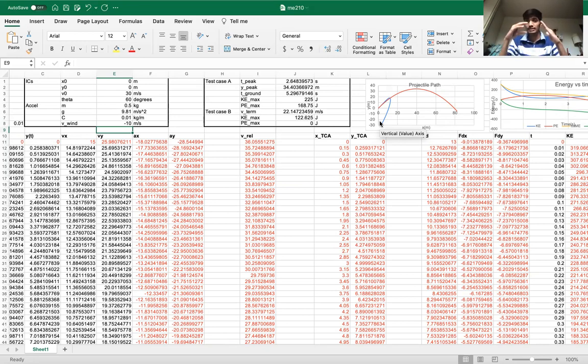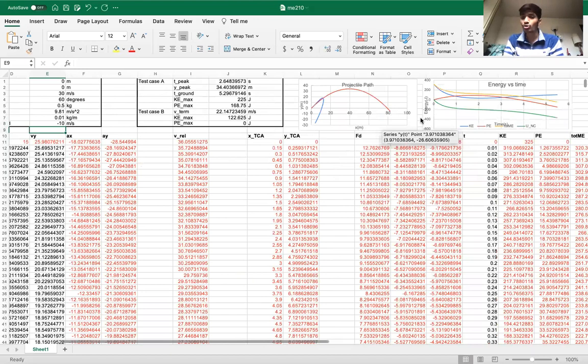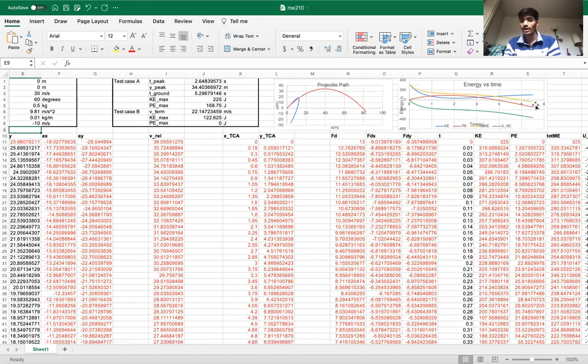The ball's flight will move like this, as we can see in the graph right here, and it will also affect the work done by non-conservative forces, because we are taking two non-conservative forces over here. So it will increase as the time increases, as you can see over here, the green curve.